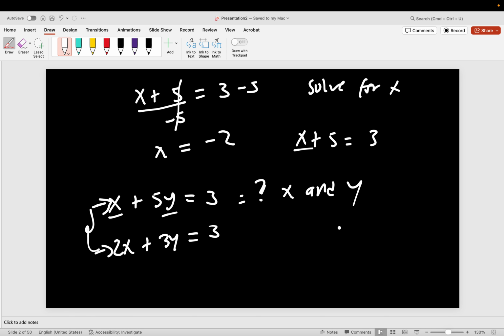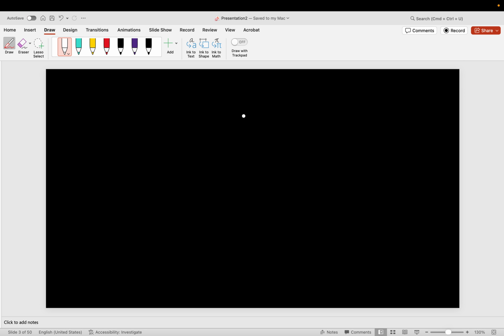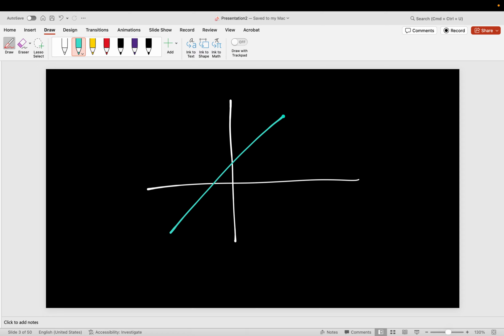If you want to see what that looks like graphically, say I have some equation that looks like this, and I have some other equation that looks like this. The point that makes both of these equations true is going to be right here where they intersect.